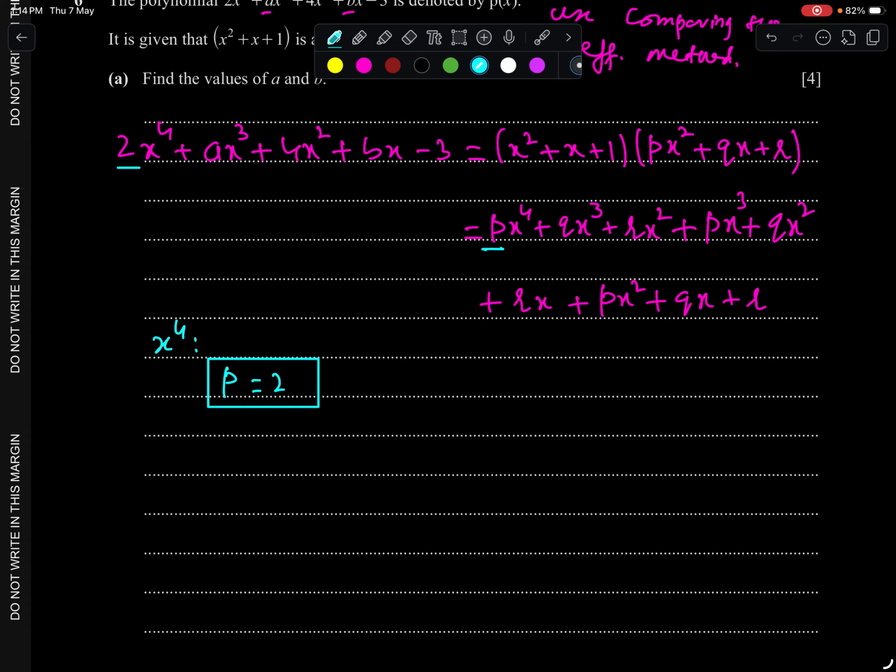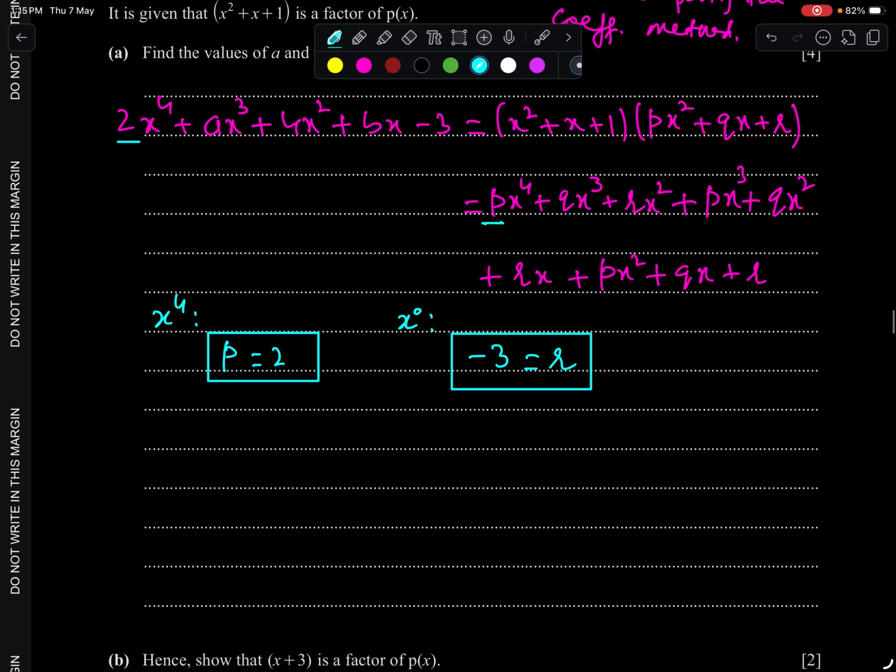Now I am comparing constant terms, or coefficient of x power 0, you can say. So minus 3 is equal to r. We compared constants on both sides, the terms independent of x.